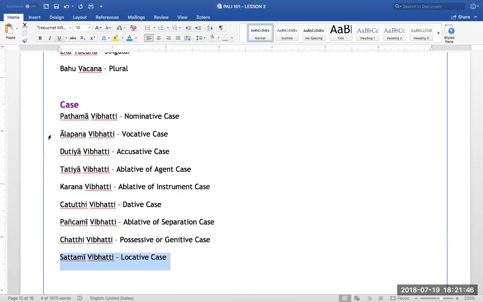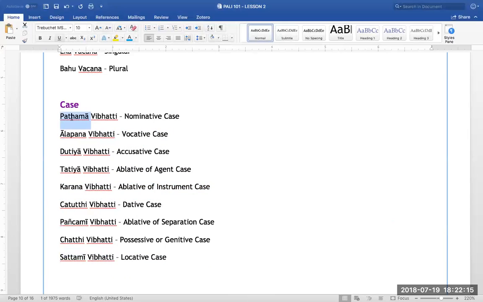Okay, so out of them, Alapana and Karana: Alapana is part of Pathama Vibhati and Karana is part of Tatiya Vibhati. So mainly we have 7 Vibhatis, and including these two sub-vibhatis, it becomes 9 in number.